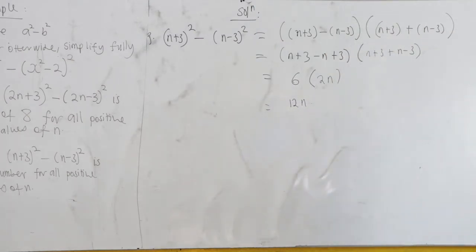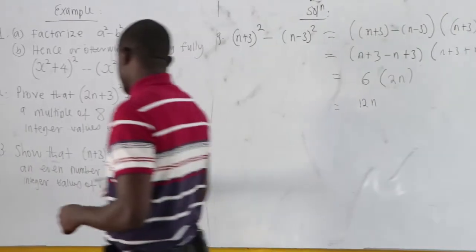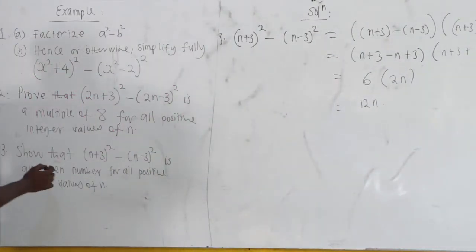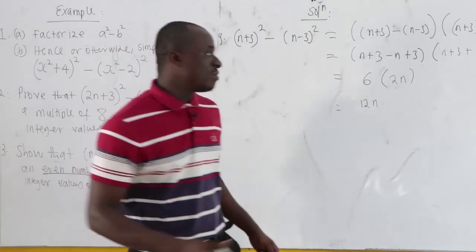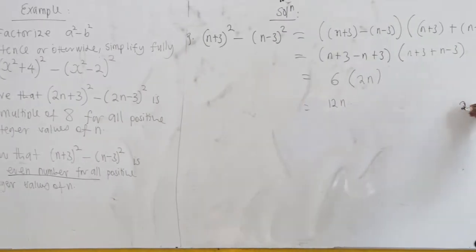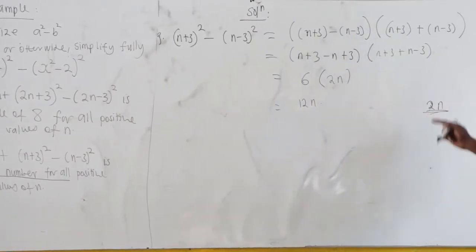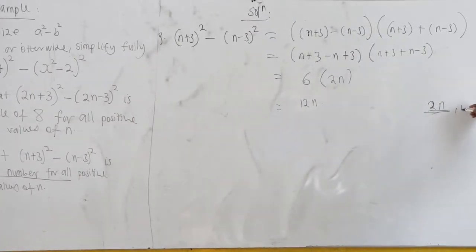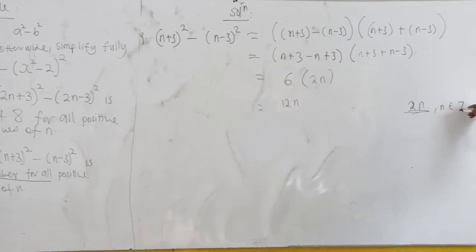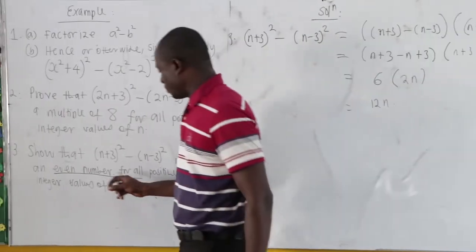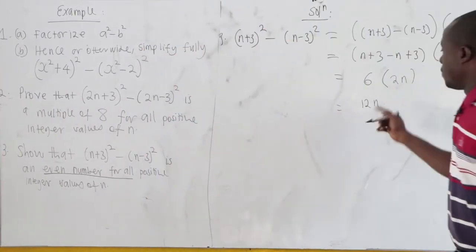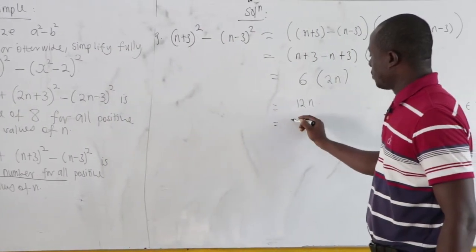Now, the question is that we should show that this is an even number for all positive integer values of n. Any even number can be expressed as 2n, where n is a member of the integers. But here, they are saying positive integer. Now, we can bring 2 out.